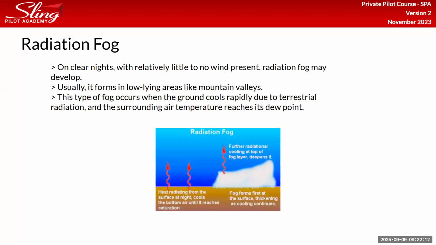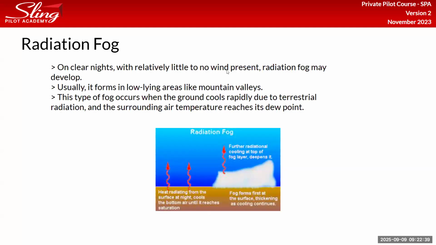Yeah, the radiation from the ground that they're talking about, the heat radiating from the surface of the ground at night. When that air rises, it cools down to its dew point, which means the air is now saturated and forms fog. The ground cools rapidly due to what's called terrestrial radiation, radiation from the ground.